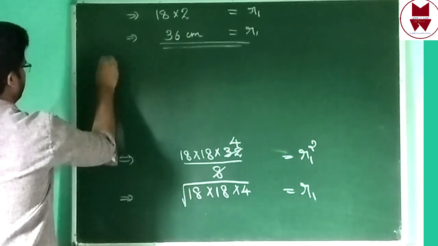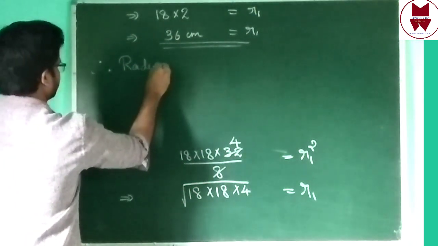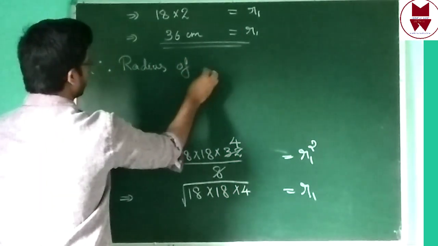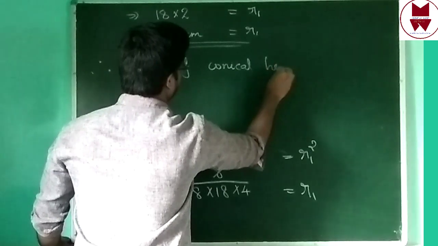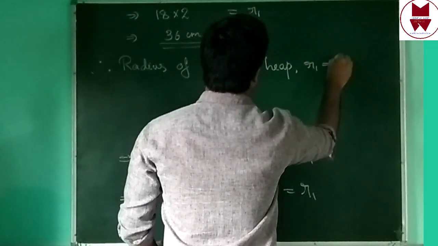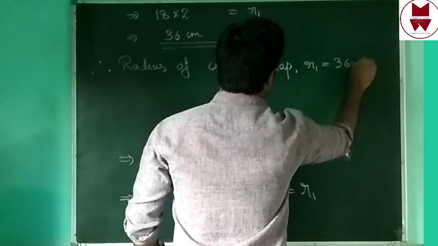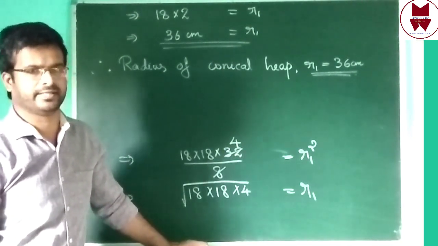Therefore, radius of conical heap r1 equals 36 centimeter. Part of the question, not only radius, we have to find out slant height, isn't it?